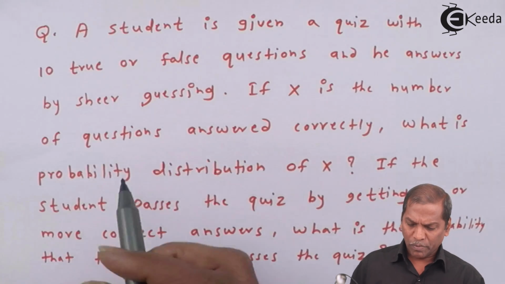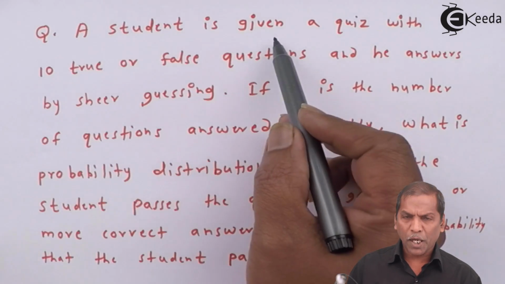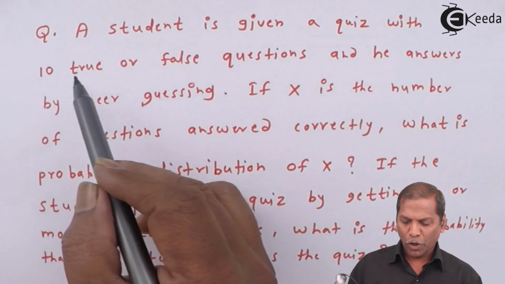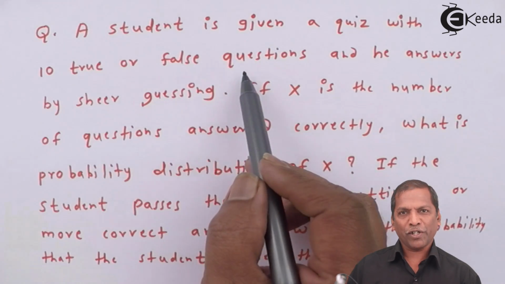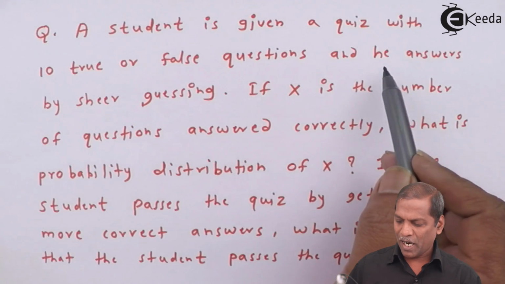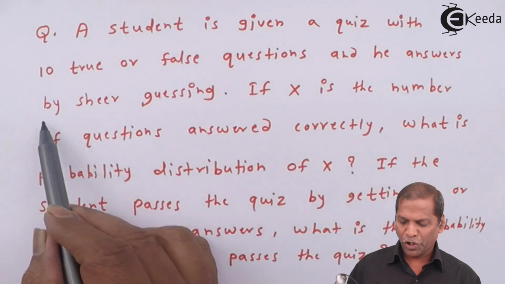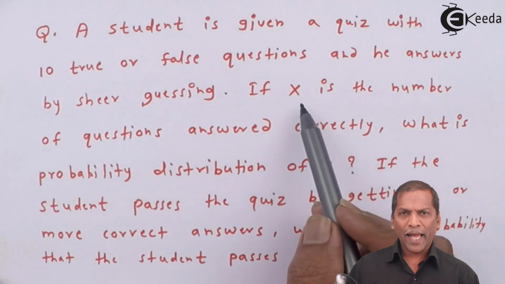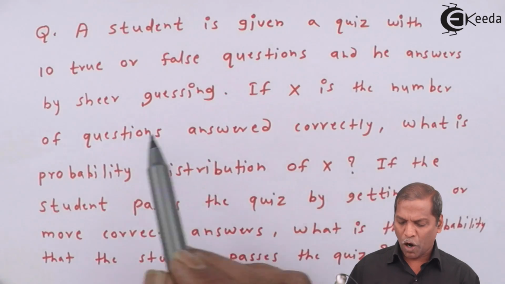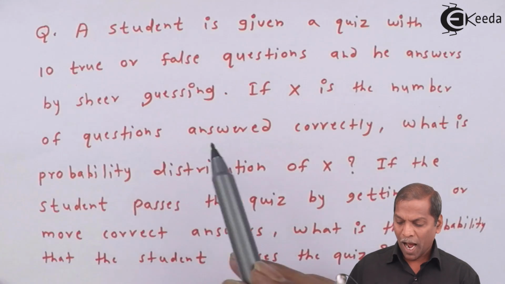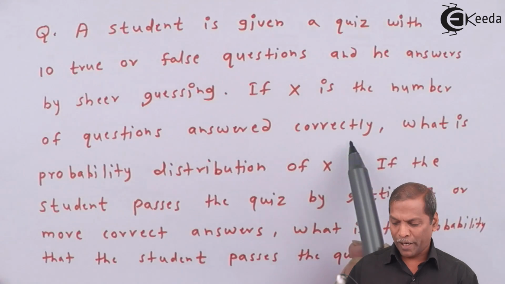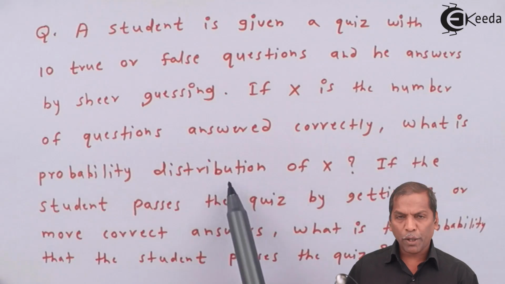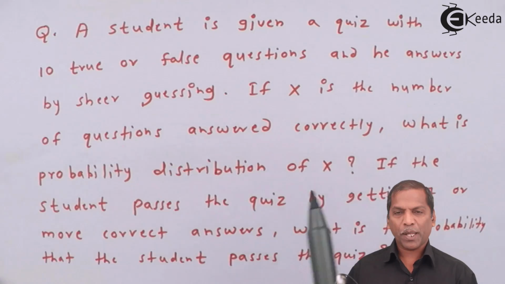The question is, a student is given a quiz with 10 true or false questions and he answers by sheer guessing. If capital X is the number of questions answered correctly, what is probability distribution of X?